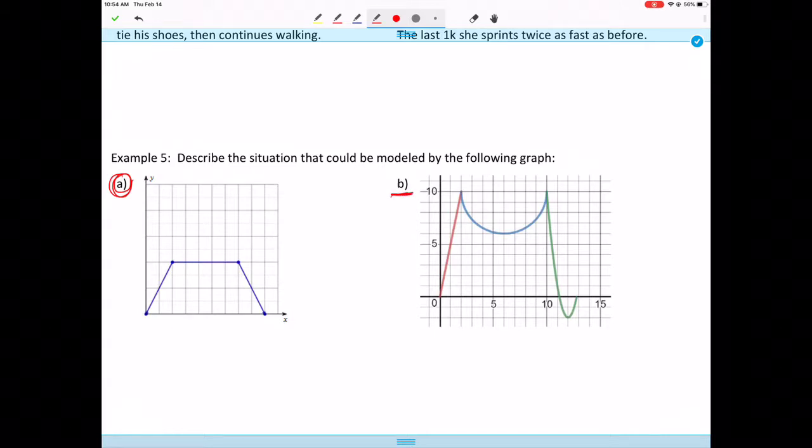So first one, looking at this graph, the red graph, we could say it's a person, a guy named Todd, and Todd is climbing these ladders up to the very top.